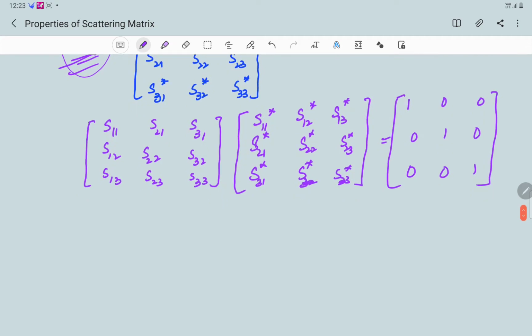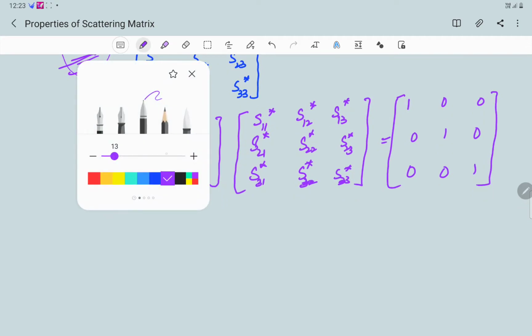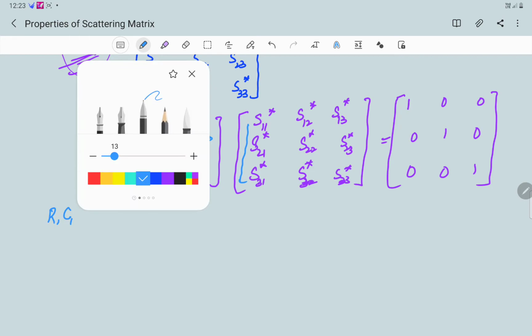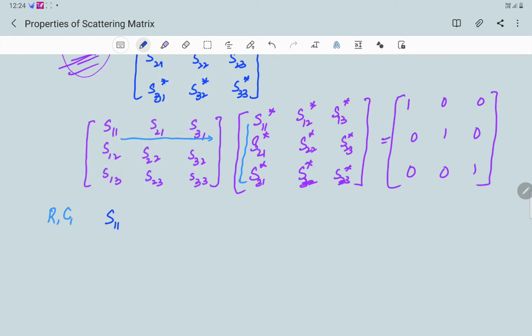Now when I multiply row 1, let me use a different color. If I multiply row 1 with column 1, that's R1 C1, what I get is S11 S11 star plus S21 S21 star, then S31 S31 star.